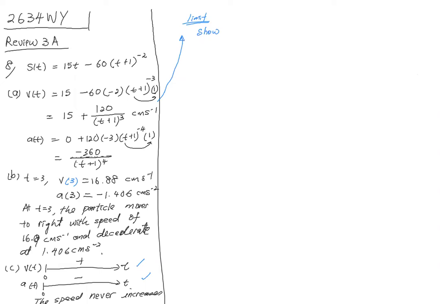There is no value of t that makes acceleration equal to 0. So there is no such thing as maximum value of the velocity. It happened when t equal to 0. That is the maximum velocity. At the beginning, the velocity is maximum. Then after that, the velocity becomes less and less.